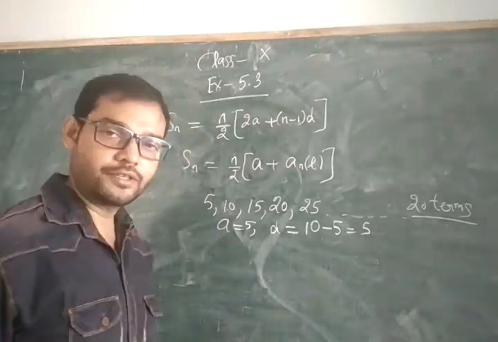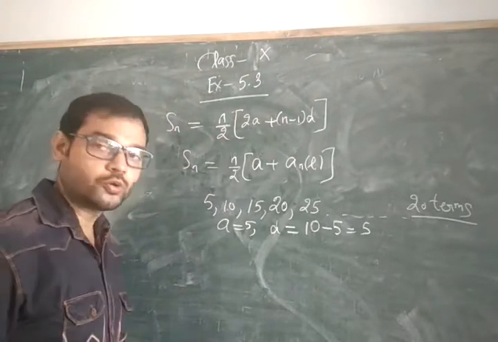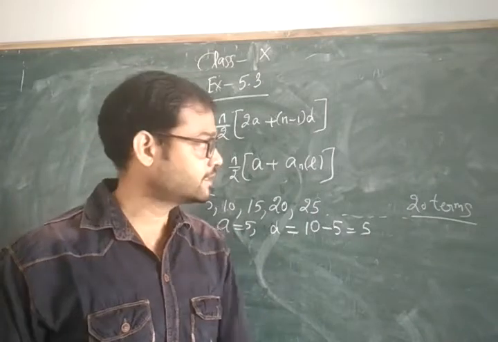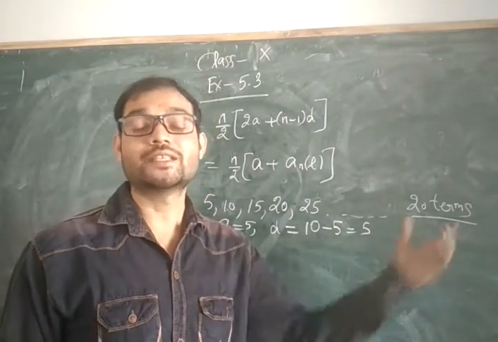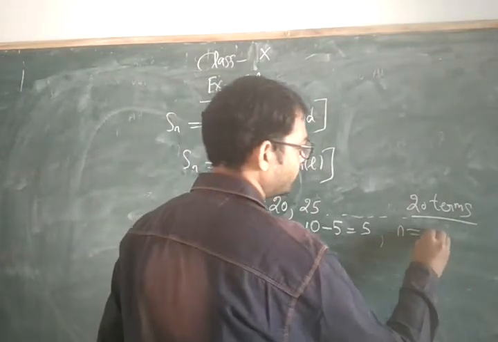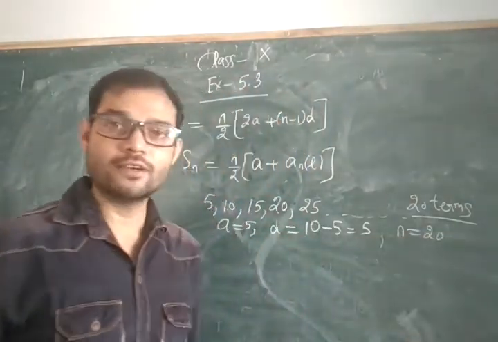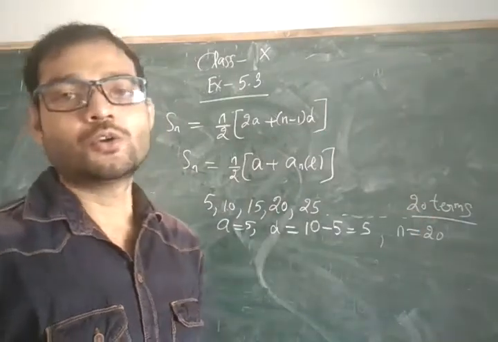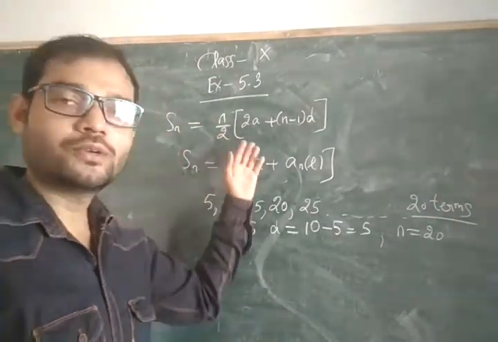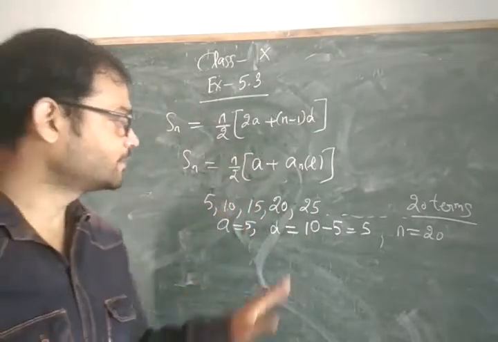Now we also know one more thing, and that is terms. Here is the word terms, which means you know the value of n, and that is 20. The value of n is 20. Now you can see which formula you can apply, first or second.